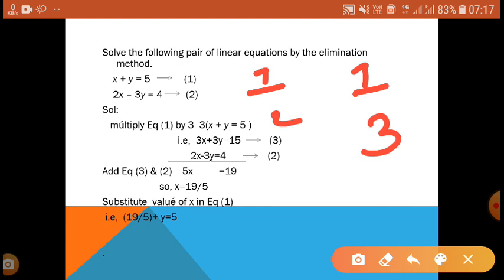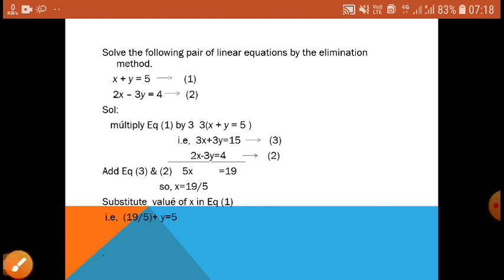If I want to make the coefficient of x equal, this one has to be brought to 2, then both will become equal, right? Or if I want to make the coefficient of y equal, if I bring this one equal to 3, then both become equal.